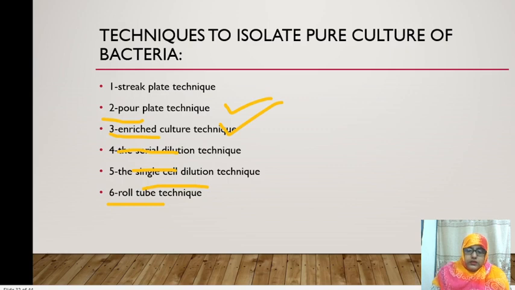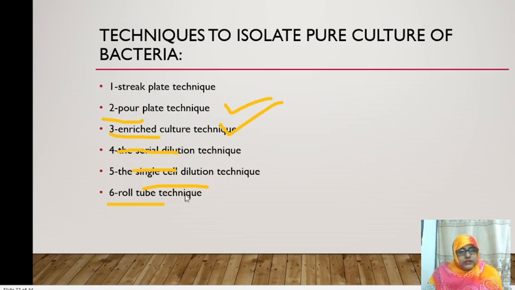Culture media has been discussed thoroughly, all types of culture media. Now we will discuss how that culture media is used to isolate pure culture of bacteria. Different methods are used. We will discuss only one or two here in detail, and how they are used to isolate. Isolate means to separate that bacterial culture.